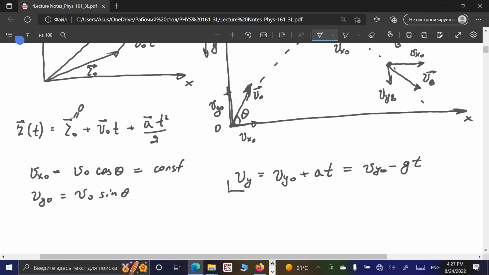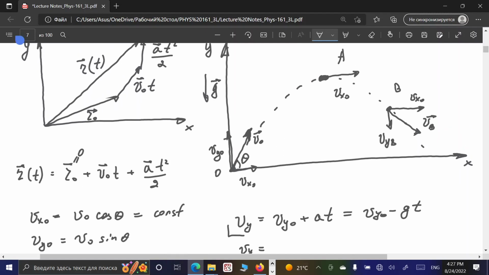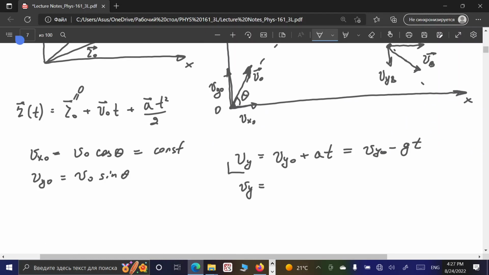If we consider already vy as the y component of the velocity vector after point A, so when the projectile moves further from point A, that will be just minus g times t because we don't have any initial velocity in y direction at point A. So we consider first the equation for y components of our velocity vector before it reaches the maximum point of the trajectory, then it stops, it doesn't move along axis y, it reaches the highest point.